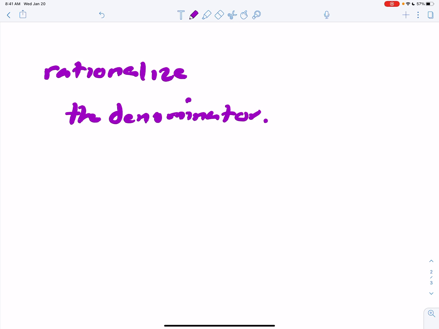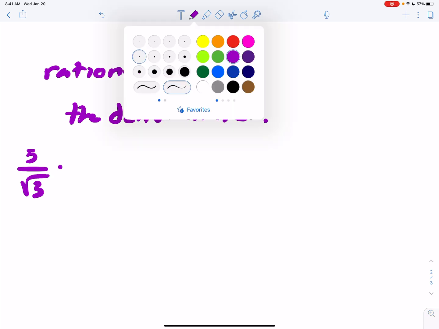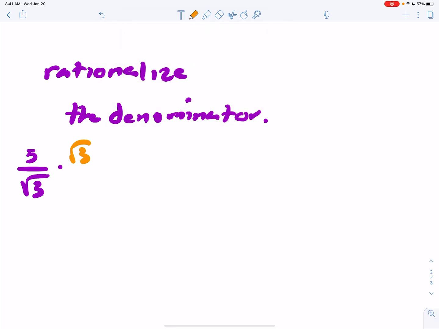Let's say you had 5 over the square root of 3. The way to rationalize that mathematically is to multiply top and bottom by the same radical. The radical that we have here is the square root of 3, so I'm going to multiply top and bottom by the square root of 3. You end up getting 5 radical 3 at the top, and radical 3 times radical 3 is just the square root of 9, and the square root of 9 is just 3. That's how you do it mathematically.